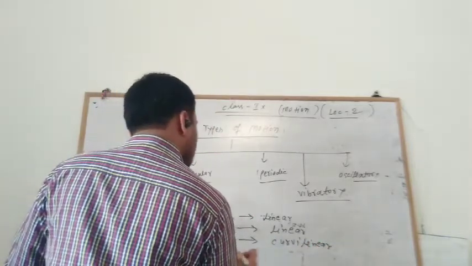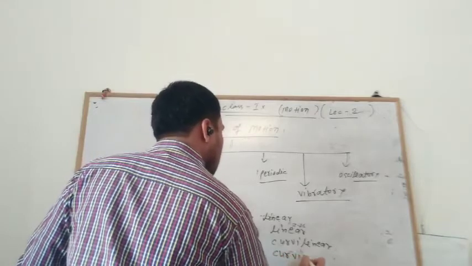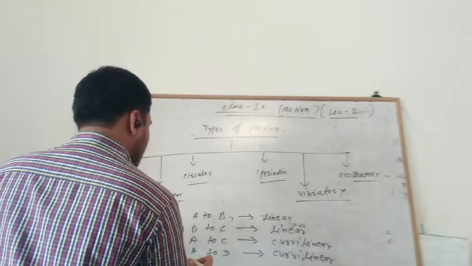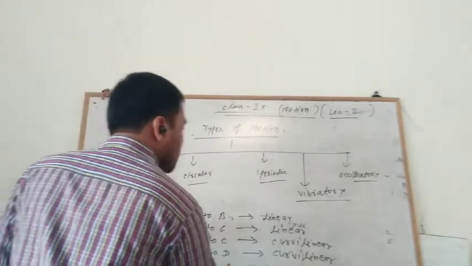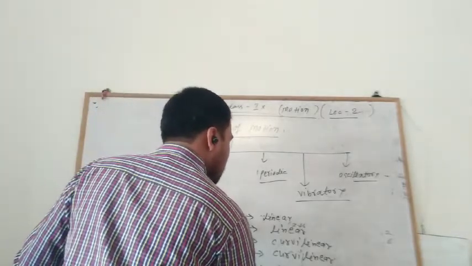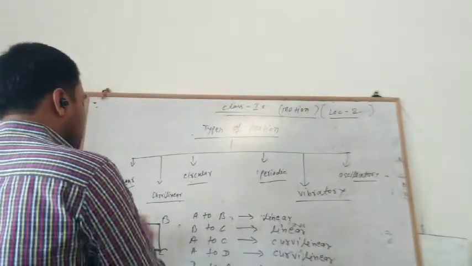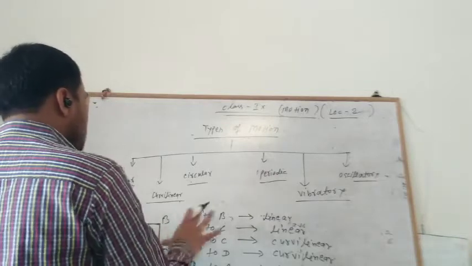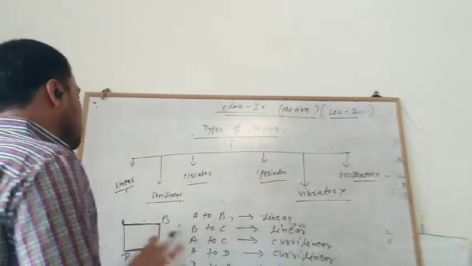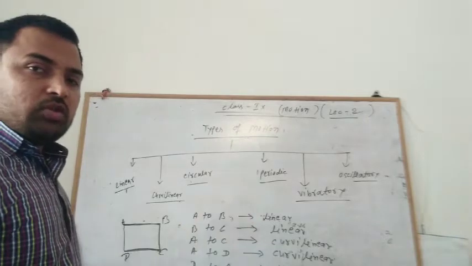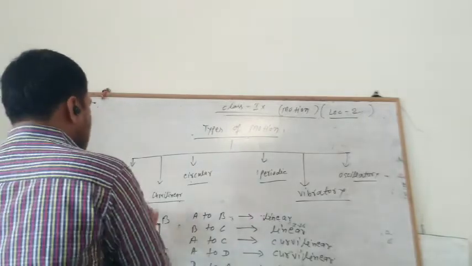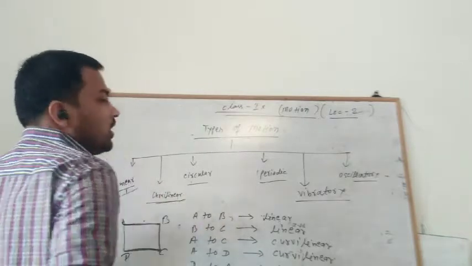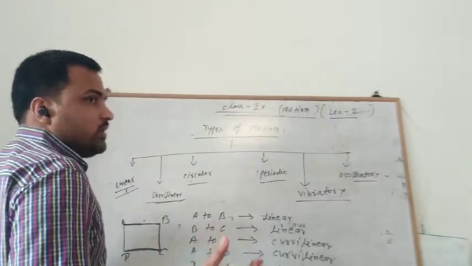A to D, curvilinear. B to A, linear. Basically, in these examples we try to understand what linear motion is and what curvilinear motion is. Motion along a straight path is linear motion. Motion along a curved path is called curvilinear motion.